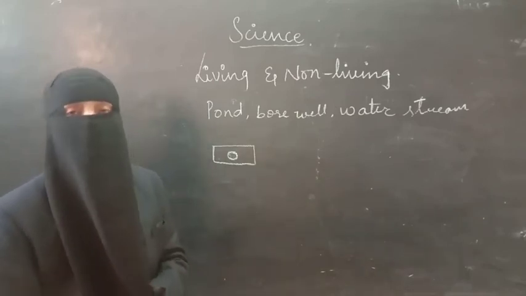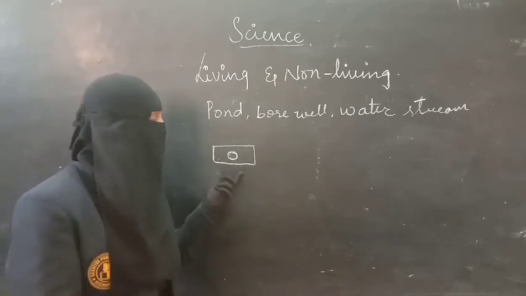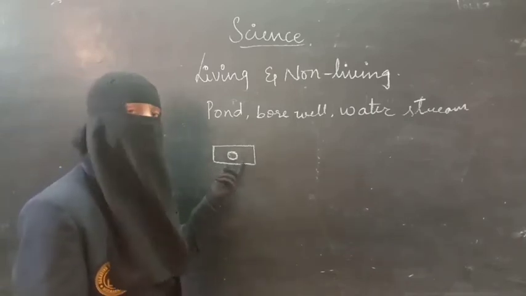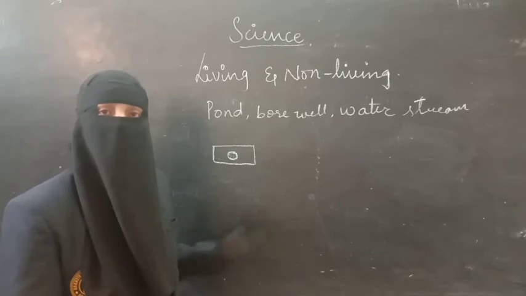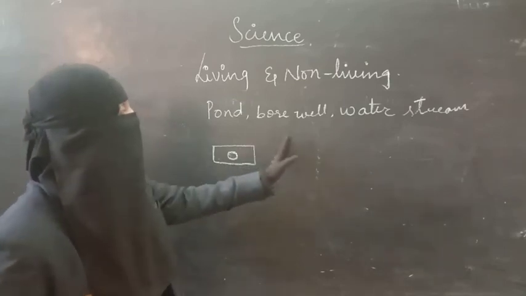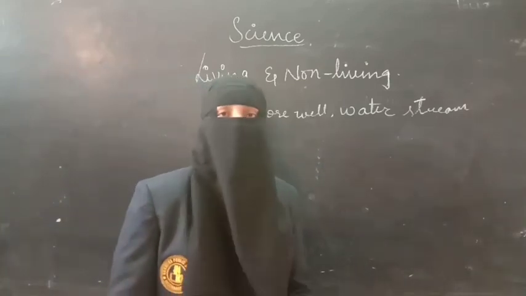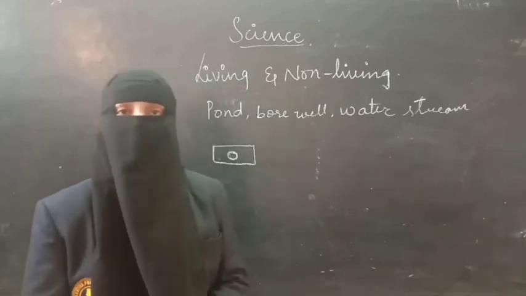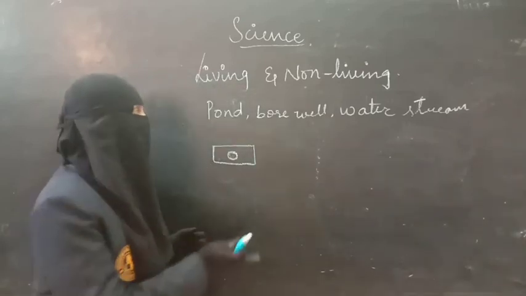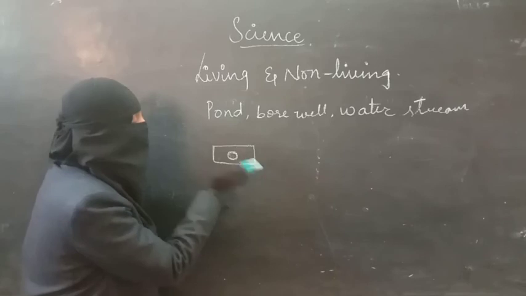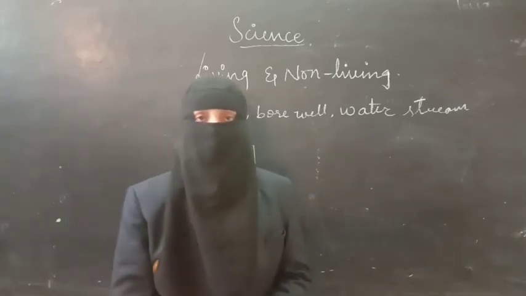They are visible only through a microscope. When you observe through this, you will see that this pond water contains microorganisms. In the same way, borewell water and water stream water will also have microorganisms. But the water collected from the pond will have more microorganisms.